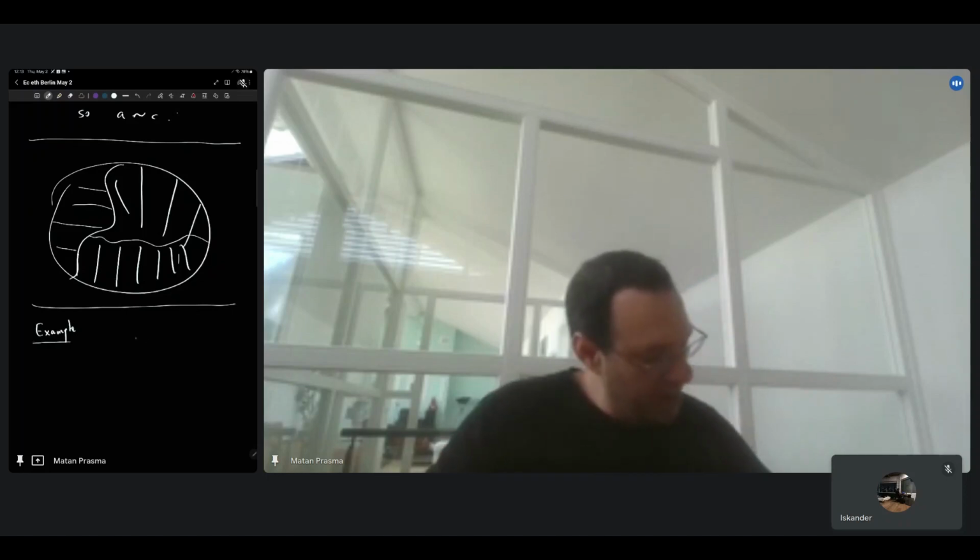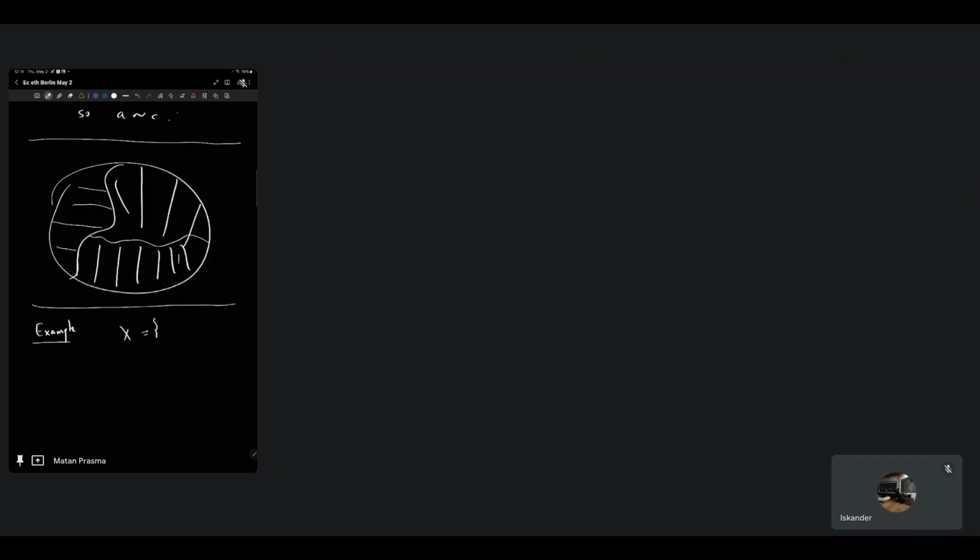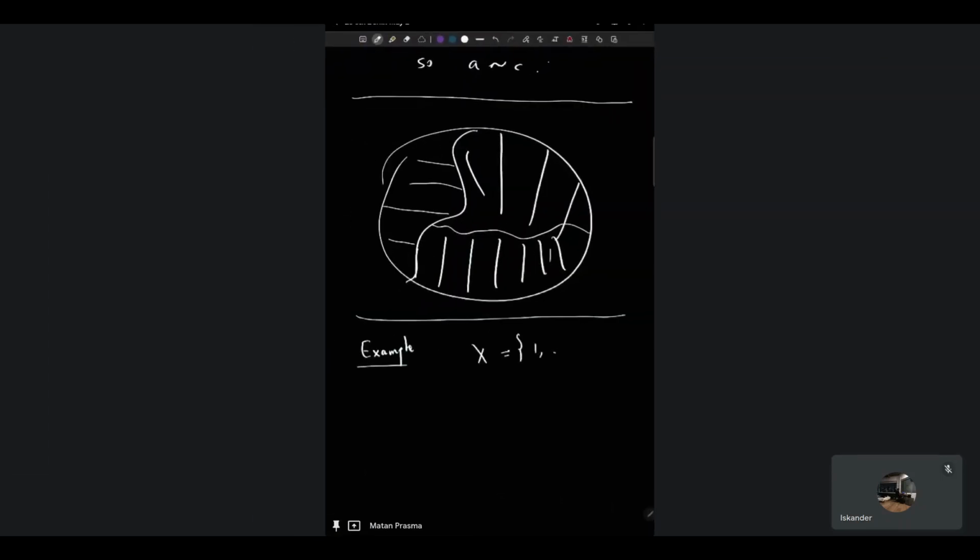I take X to be the set of the numbers 1 up to 7. And let's draw it like this: 1, 2, 3, 4, 5, 6, and 7.